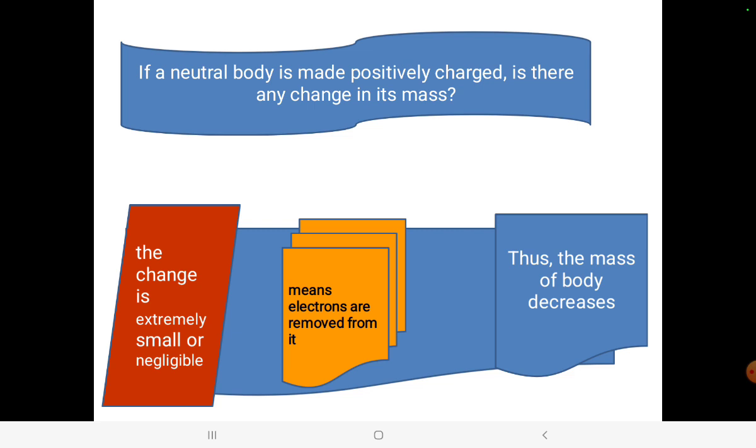So the mass of the body will be decreased. Of course, depending on the situation, depending on the number of electrons lost, we may detect whether there is a decrease or an increase. Here, if it happens in bulk, we may find that out.